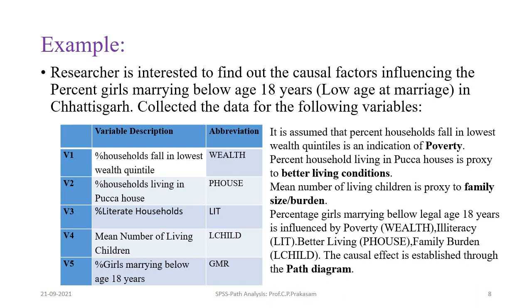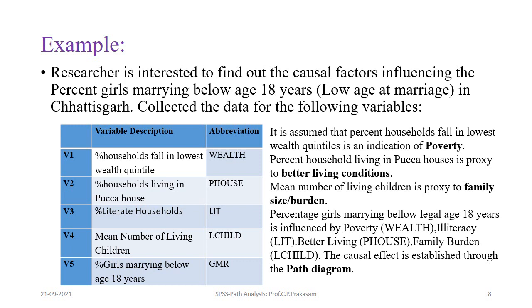The percentage of girls marrying below the legal age at marriage, 18 years, is influenced by wealth, that is poverty, illiteracy, that is LIT, better living in Pakka houses, and family burden, that is L child.